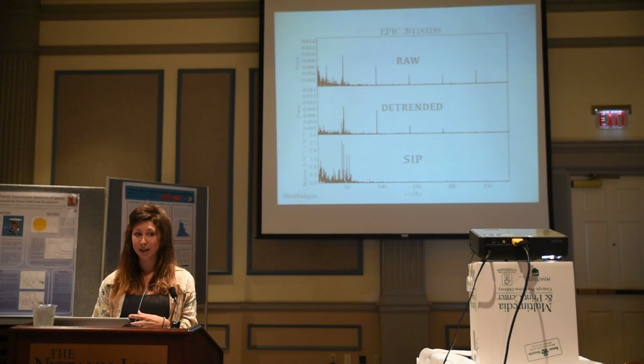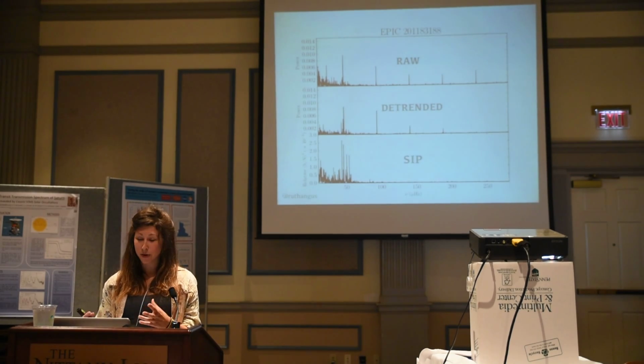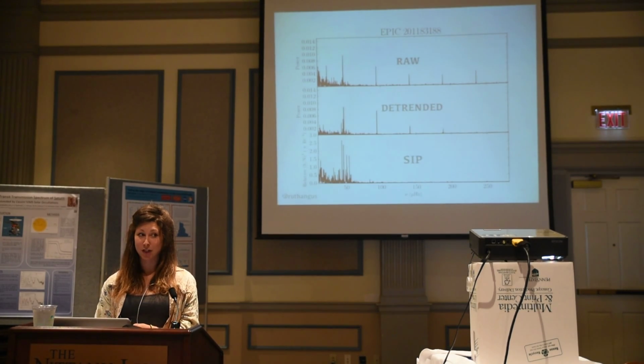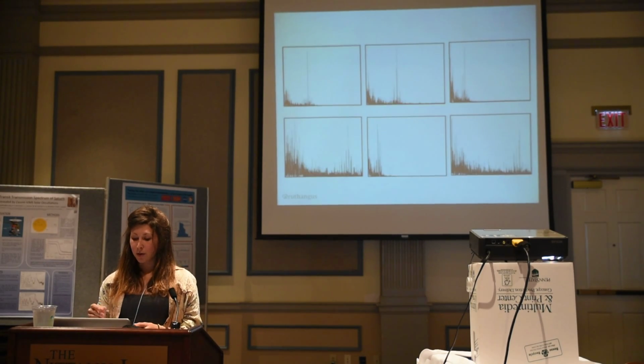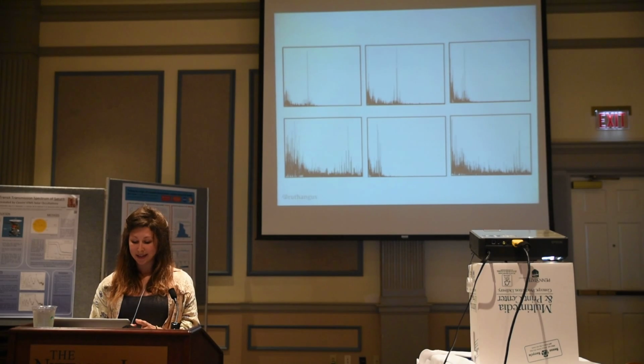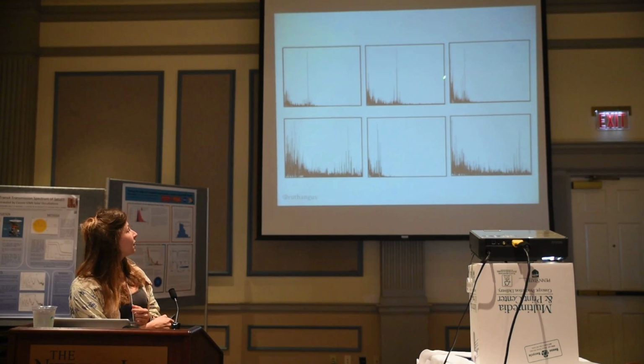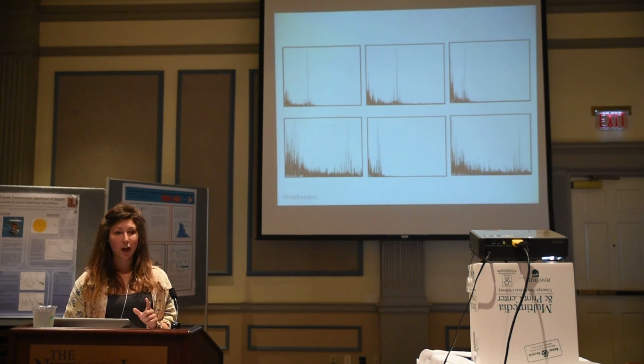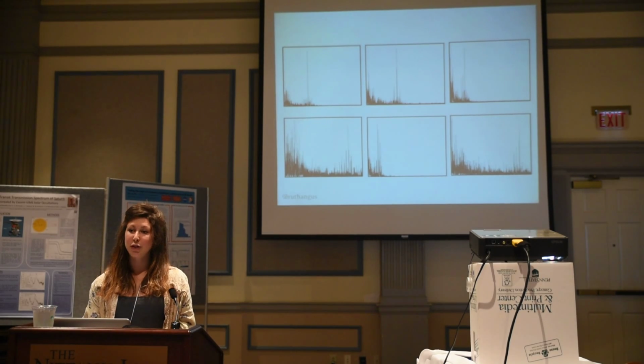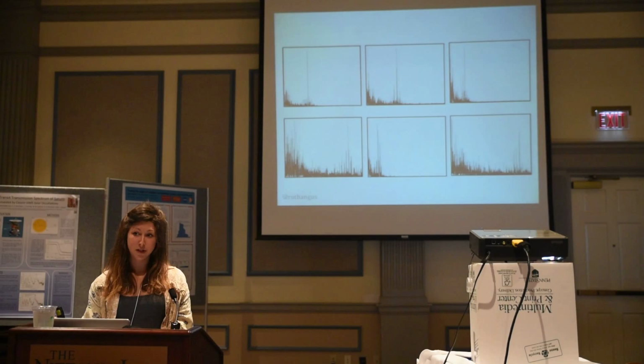They measure the large frequency separation. They measure that from the periodogram. So they really don't want to be picking up those systematic features. So we've used the SIP to identify some more giant candidates, and you can see here these characteristic cone-like features produced by the giant oscillations, and no systematic features whatsoever.